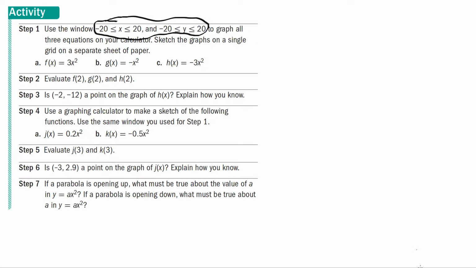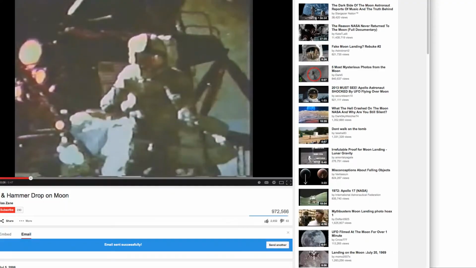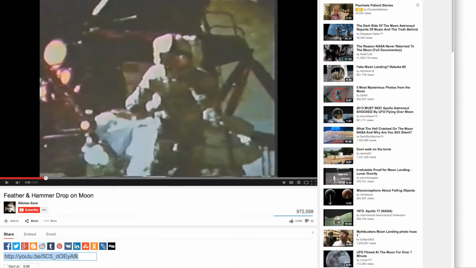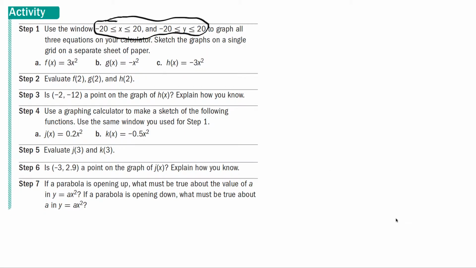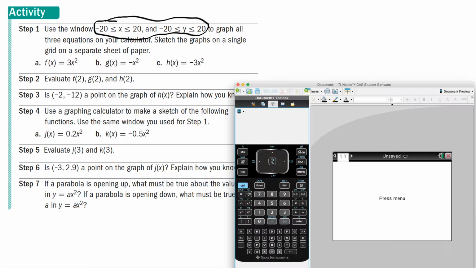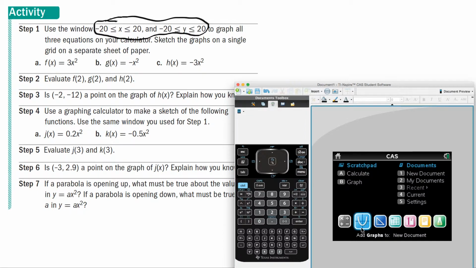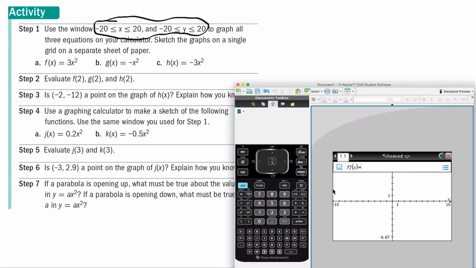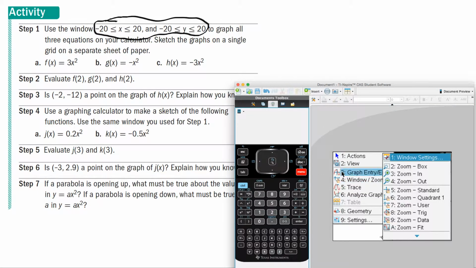Let's take a look at the graphing calculator. We want to go ahead and enter our functions in. We need to go home. We're going to go to graph, menu, window settings.